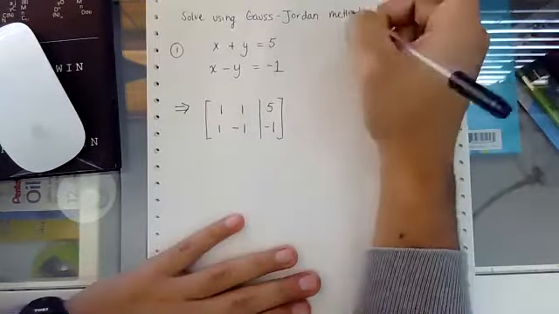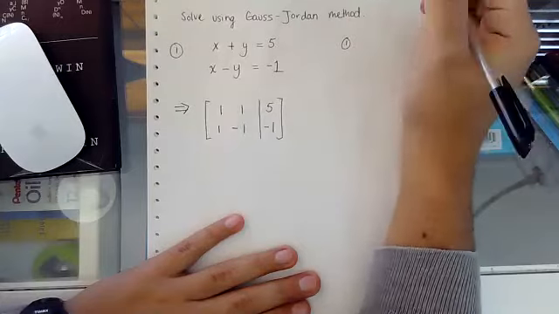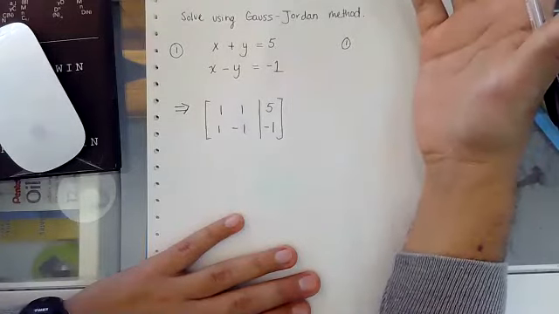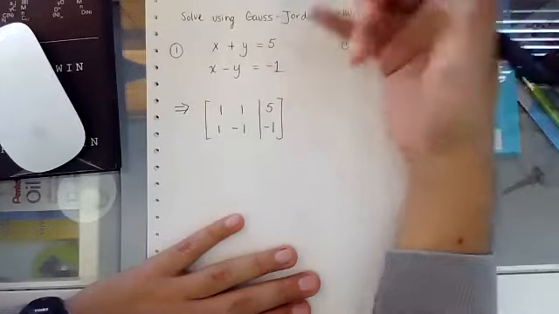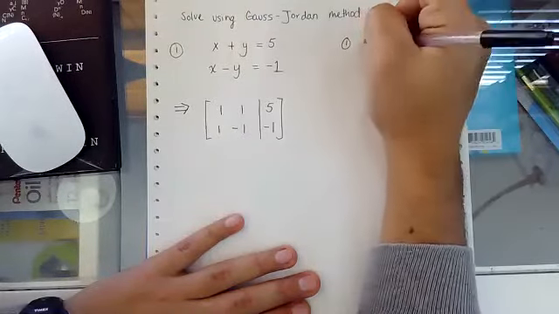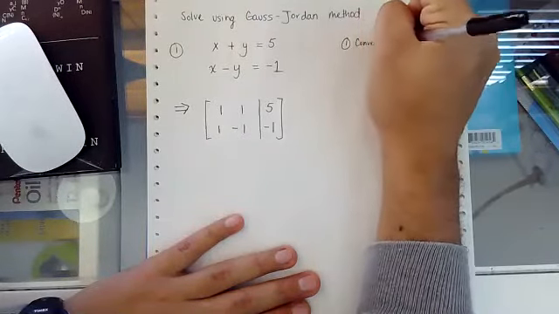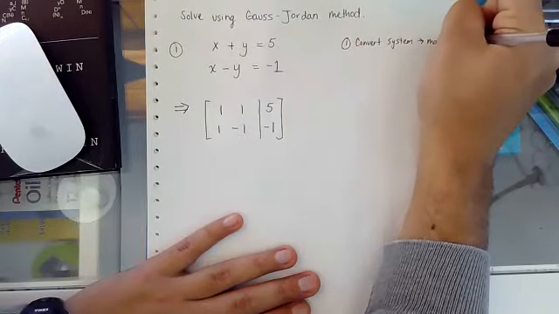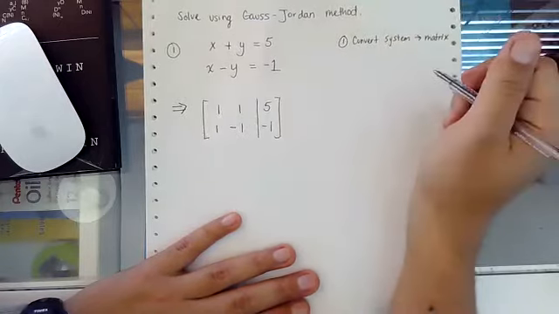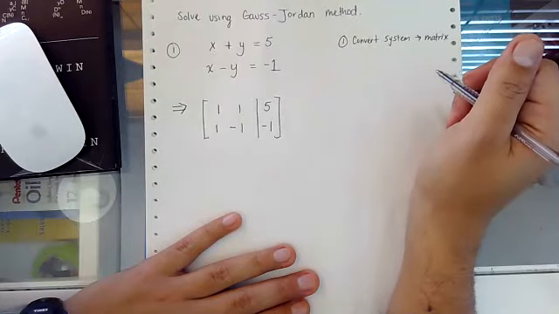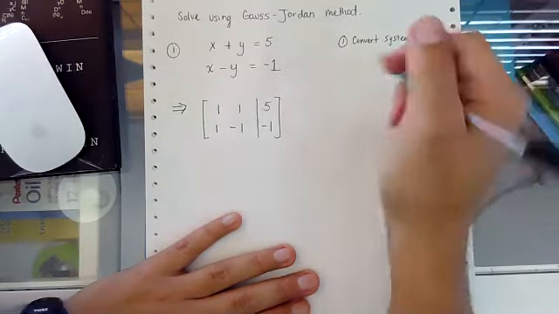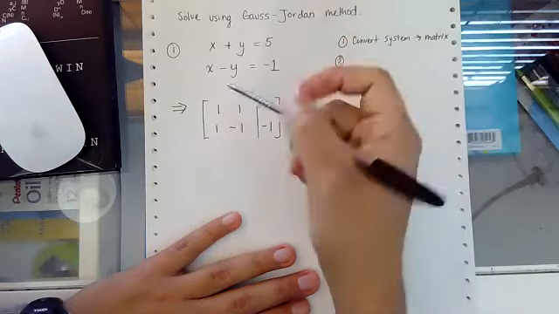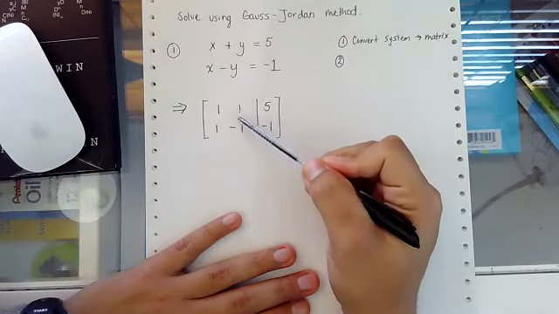Okay. So the first thing to do might be to rearrange the equations so that they're in standard form, but we were already in standard form to begin with here. So we could just convert the system to a matrix. Now what I would do is think about what operation will eliminate this position here.